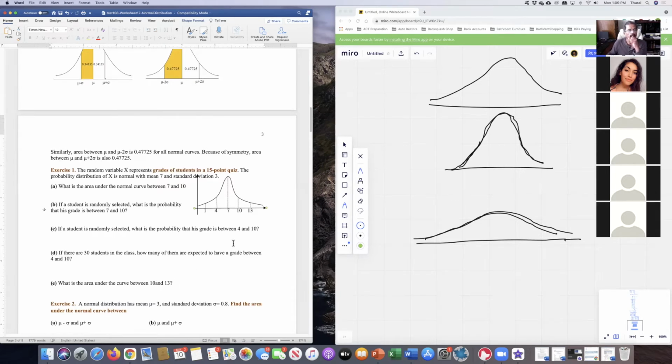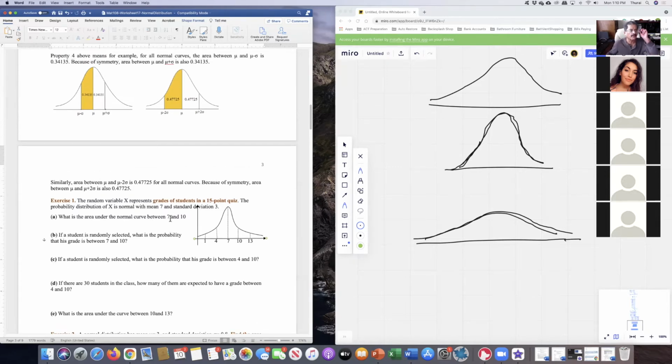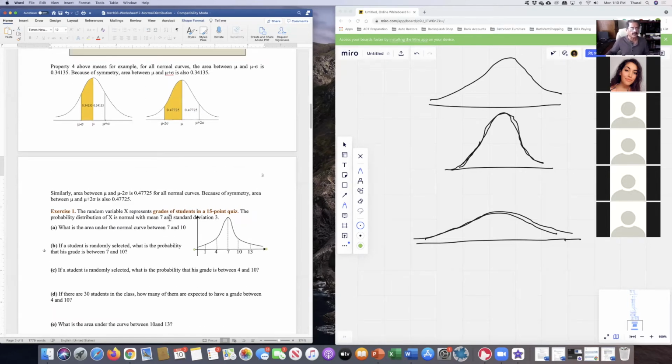We have to subtract the area between 7 and 10 from the area between 7 and 13. And it would be 0.47725 minus 0.34135. Right. You got it. Very good. Excellent. That is correct.